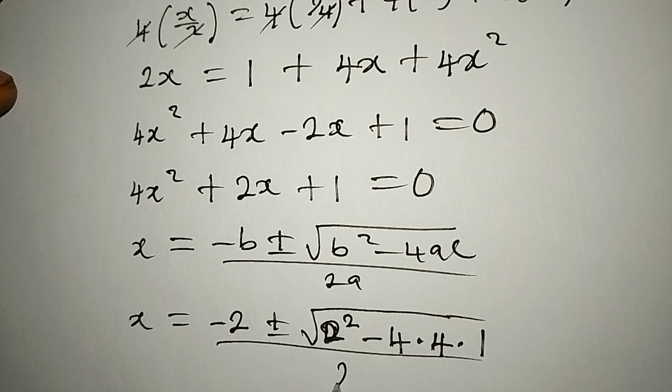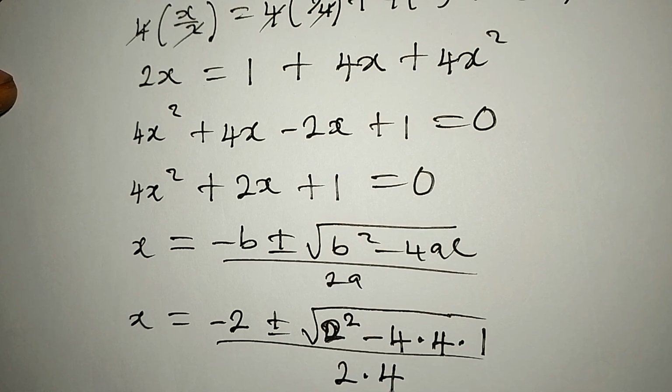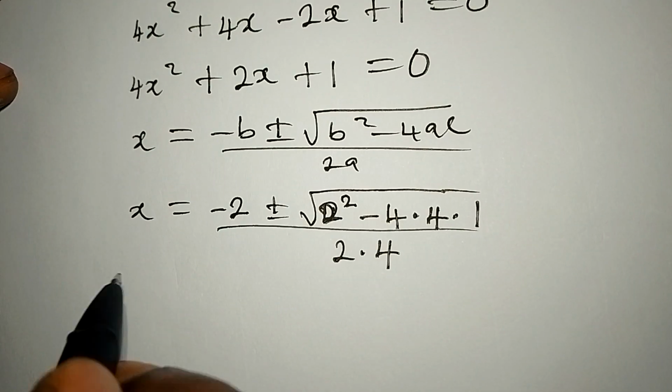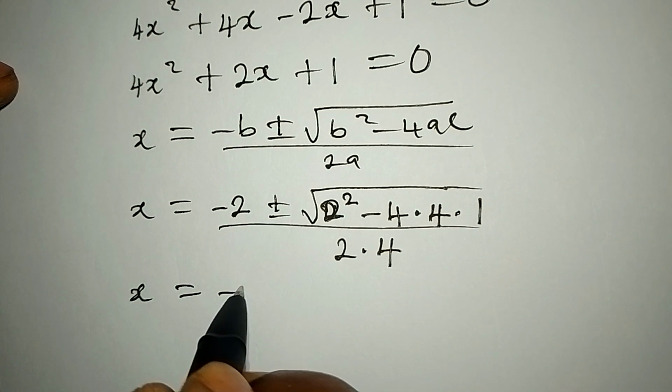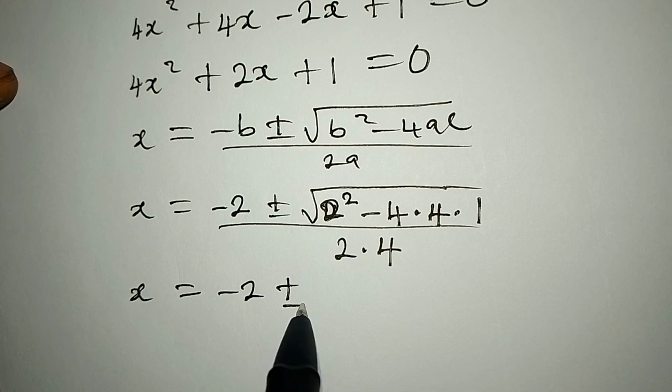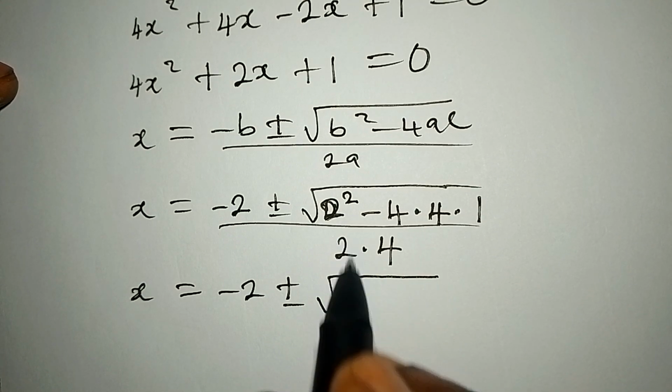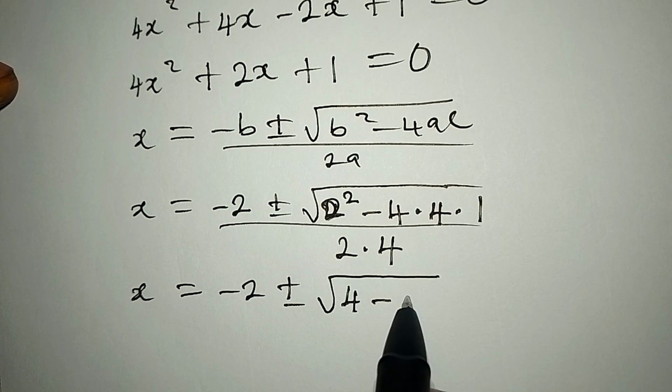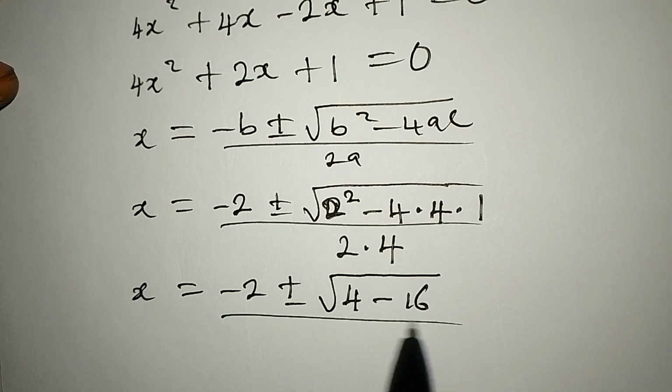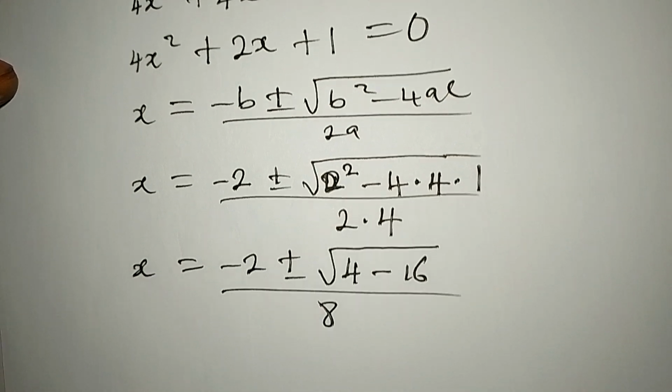All of this is over 2 times 4 because a is 4. Now x here is minus 2 plus or minus the square root of 4 minus 16, over 8.